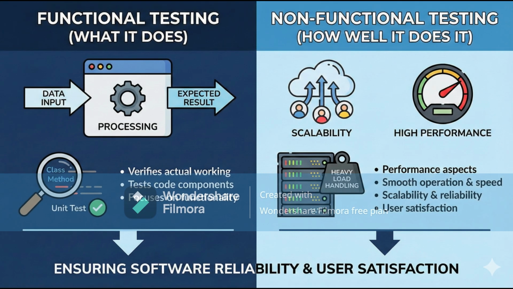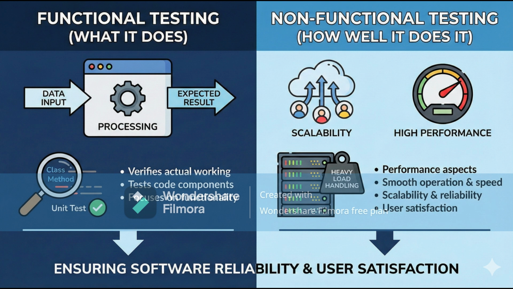Next, functional and non-functional testing. This segment explains the distinction between functional and non-functional testing. Functional testing involves verifying that the software actually works by testing components like classes and methods.